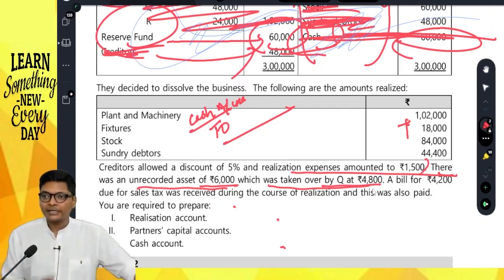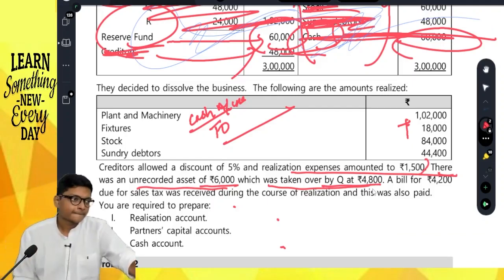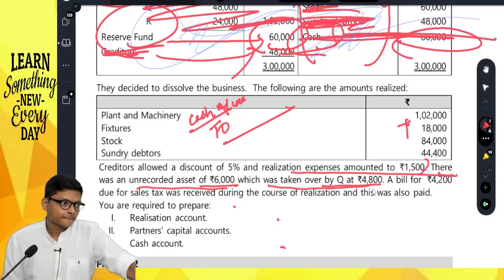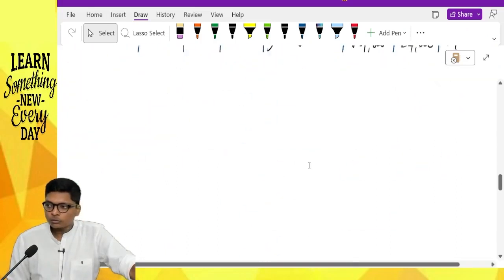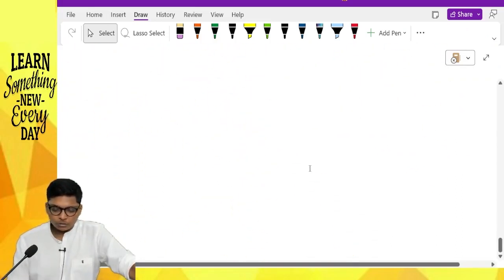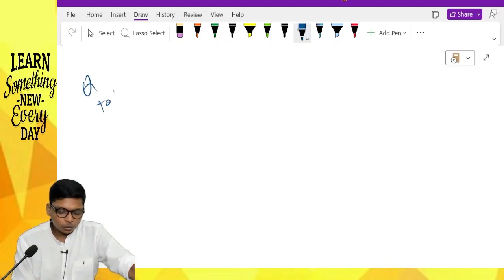What's my normal entry? Q account debit to, so Rishmita says Q account to realization. Shreya says Q account to unrecorded asset.